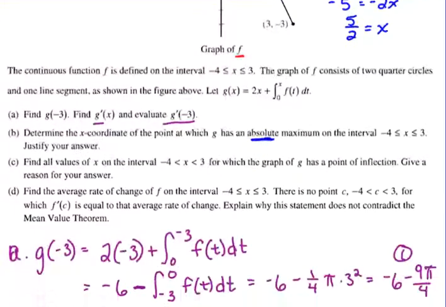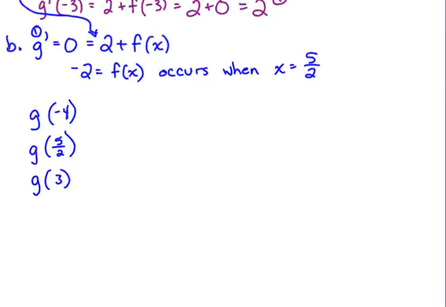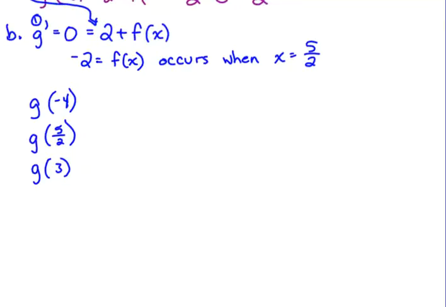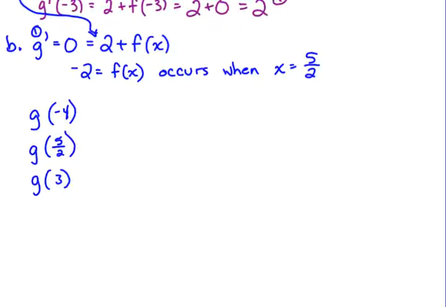But it's kind of hard, I think, to describe that in words or in symbols as they do. So I would rather you be in the habit, anytime you see those absolute or those extreme words, to check your endpoints and check your critical point, and then compare their values. So that would mean that you need to set up 2 times -4 plus the integral from 0 to -4 of f of t, and you would have to calculate that area.